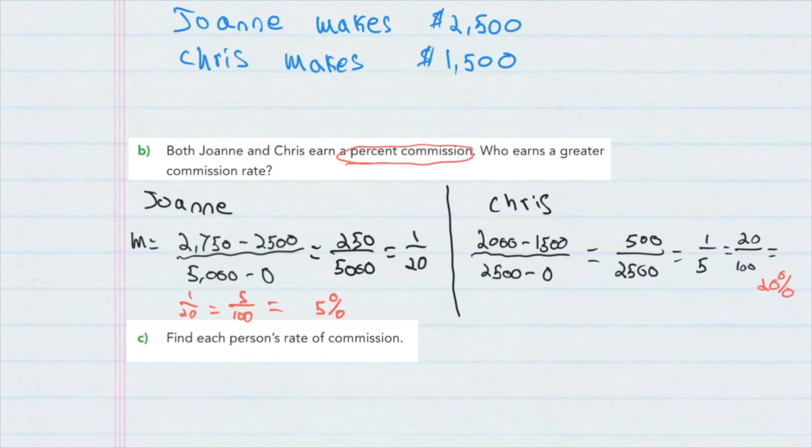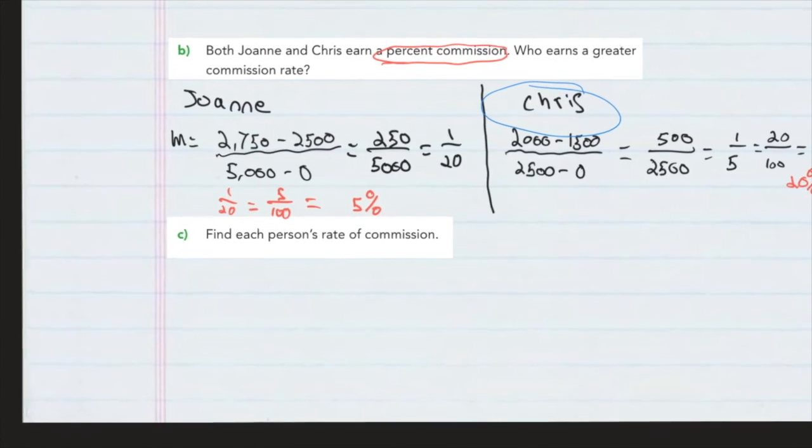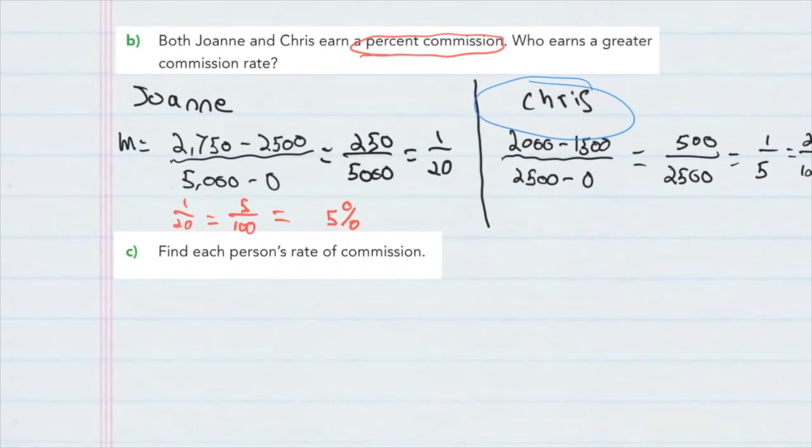So who earns a greater percent commission? Well, that would be Chris, because Chris has a greater rate of change. Part C says to find each person's rate of commission. We kind of did part B and C together.